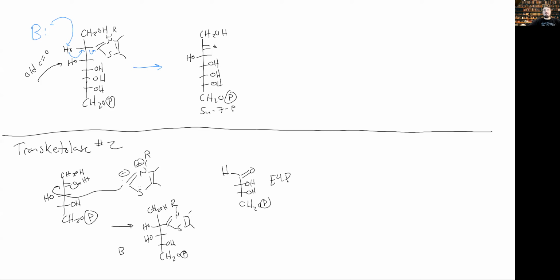Base is going to come in. Again, this is how we make our GAP, which is always a product here. Pull off that hydrogen at the alpha position. Carbon-carbon bond is cleaved. Push up onto the nitrogen to kill its positive charge. Now we have our GAP.